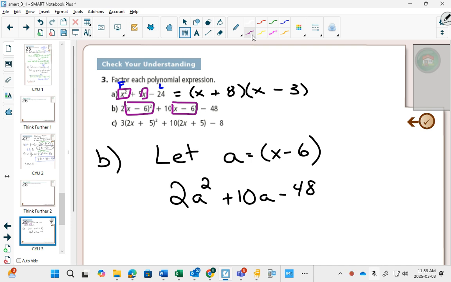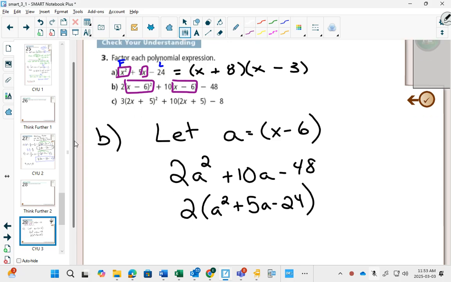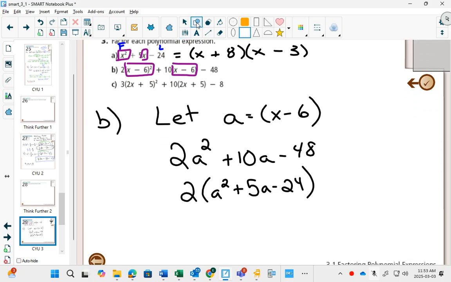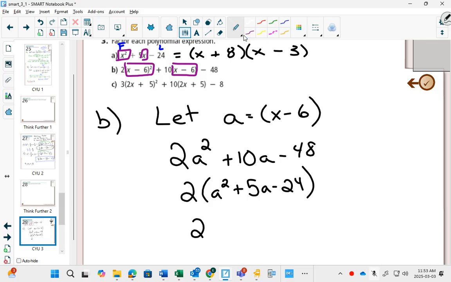Notice the common factor of 2. Take that out first. And then we still have the A squared part here. Here's your first one. Here's your last one. The only way to get A squared would be A and A. Anybody noticing anything interesting happening in this factoring right now, compared to what we did in part A?